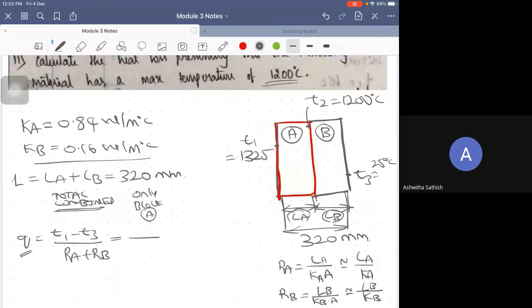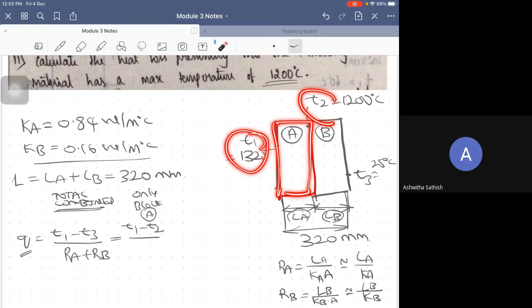In terms of notation, it is T1 minus T2. So when I consider this block, I take the temperature difference between these two ends, which is T1 minus T2, and the resistance offered is just RA.